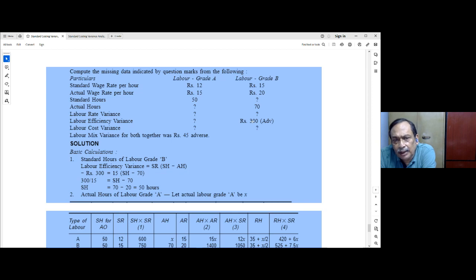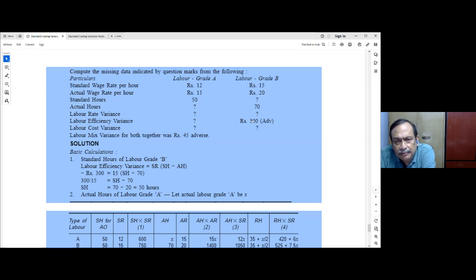Standard hours for grade A laborers 50, but for grade B labor it is not given, that is question mark. Actual hours for labor grade A not given, but for labor grade B it is given 70. Then labor rate variance, both are question marks.